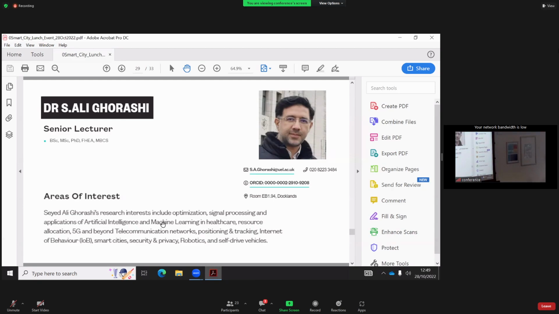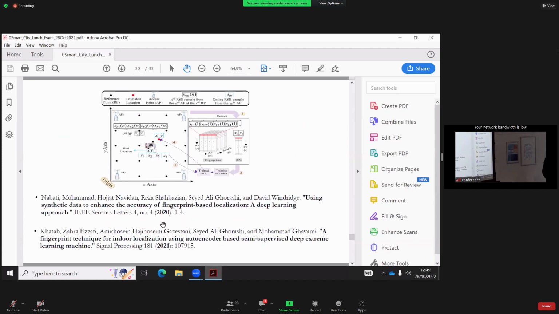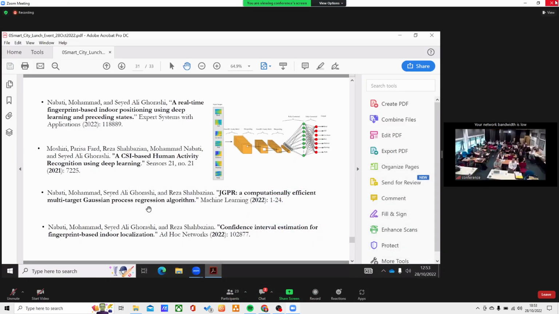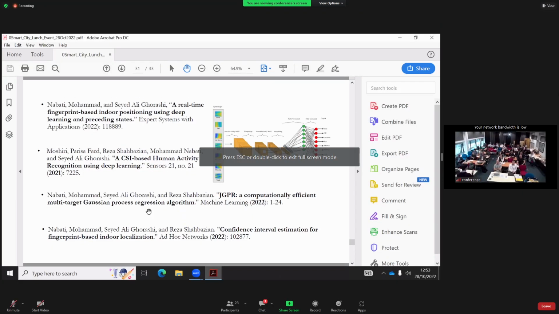So I have selected some of my recent papers just to read the names of them and their relevance. If you are interested, possibly we can discuss them. In 2020, we had the same problem that Professor Cecilia told us about this morning. We wanted to use deep learning, making the offline part of the work much more complicated, but on the other hand, the online part of the work much faster.